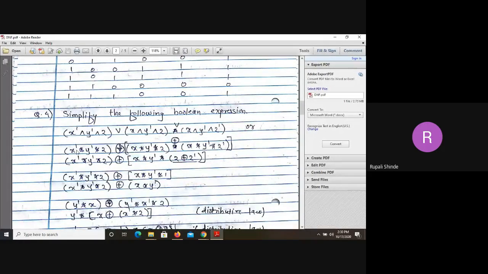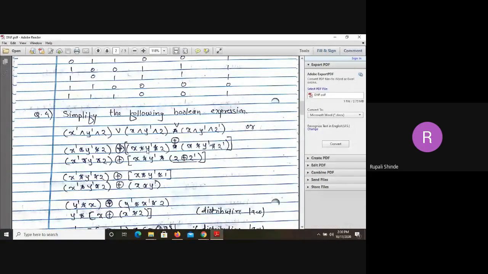in the form of star and XOR. Okay. Now first one is X complement star Y's complement star Z XOR X star Y's complement star Z XOR X star Y's complement star Z complement. Okay. Now first term I have kept as it is, XOR operation.